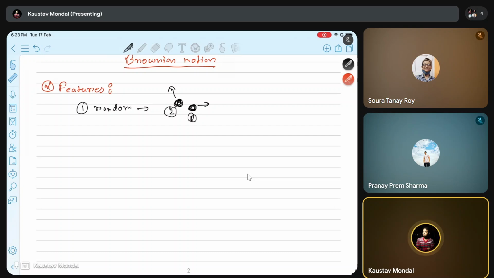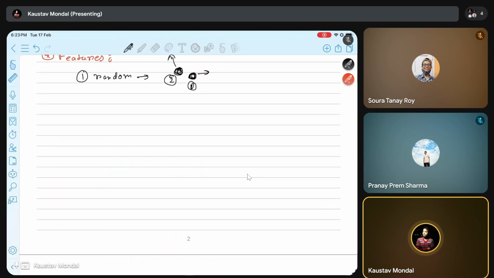These two particles are completely decorrelated from each other, their motions not affected by each other. There is no correlation between their motions.